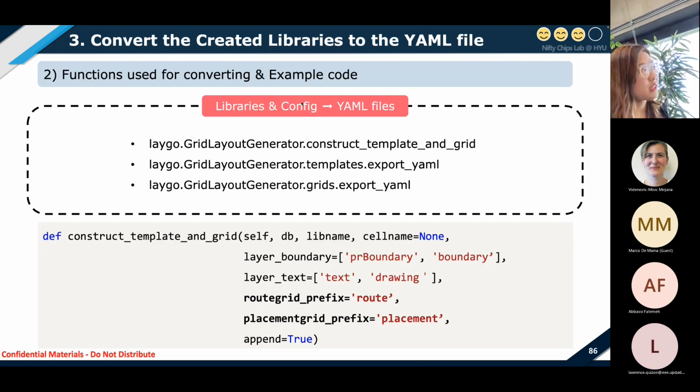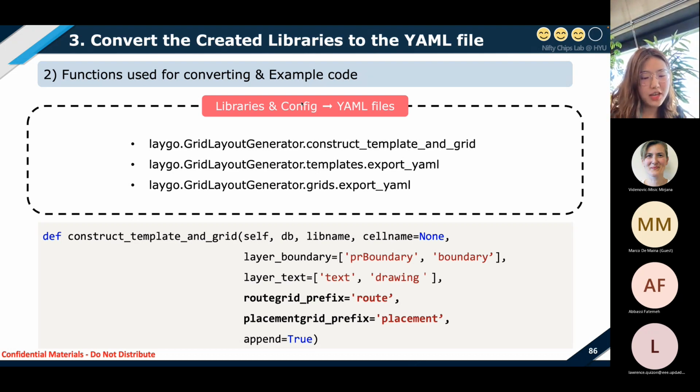And there are 3 key methods of the grid layout generator class in LAYGO2 for conversion. We can construct template and grid database from layout through construct template and grid method. And then we can export them by using 2 methods. Export YAML method.